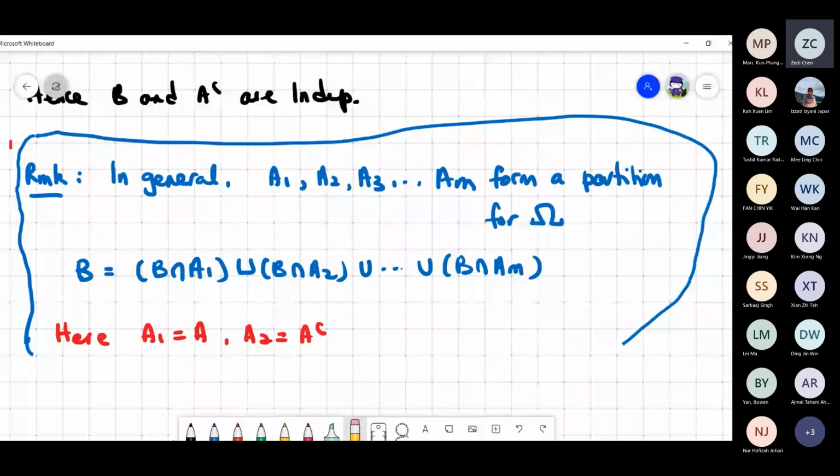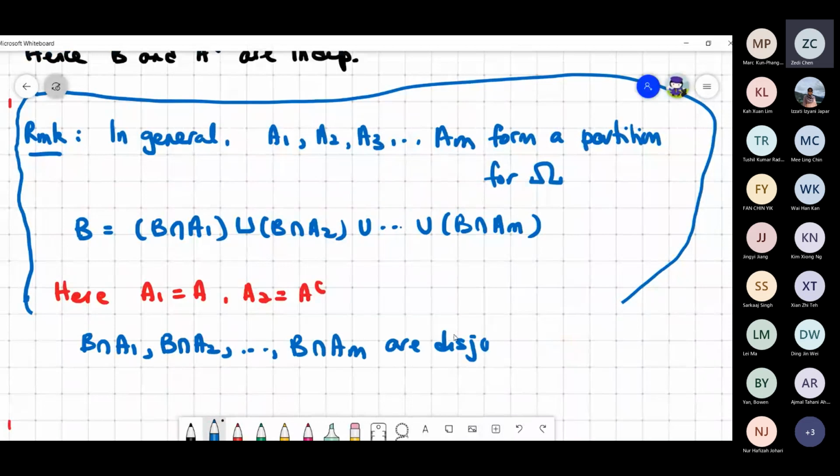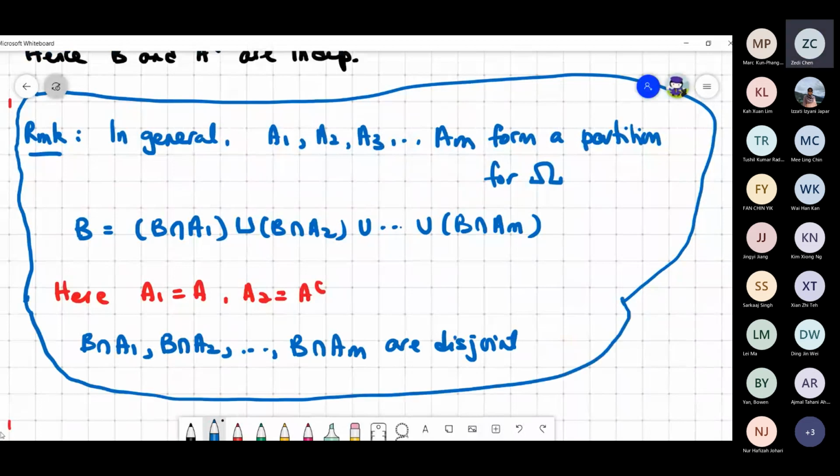And furthermore, we have all these B and A1, B and A2, up to B and AM, all these are destroyed. So I think it's quite straightforward. Again, for our questions here, we only consider two portions, A1 and A2 here.